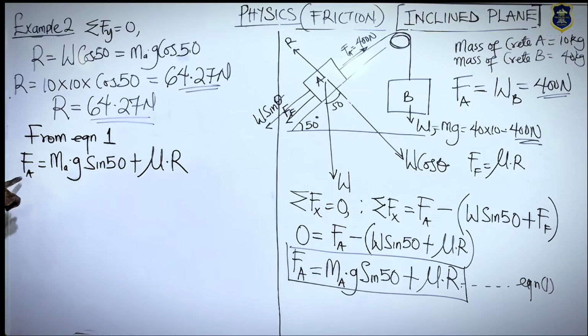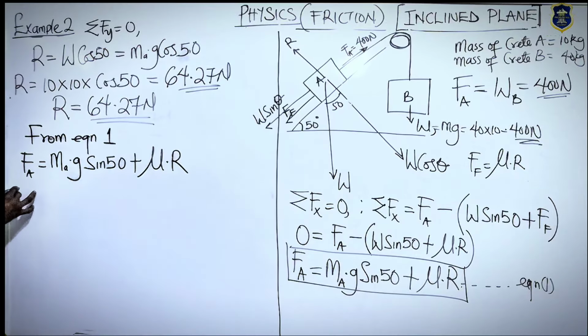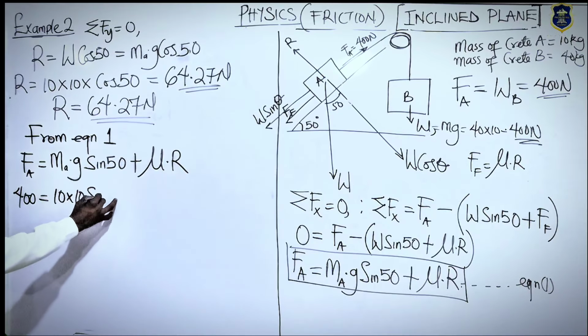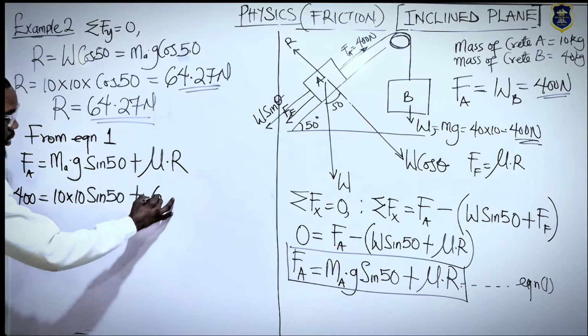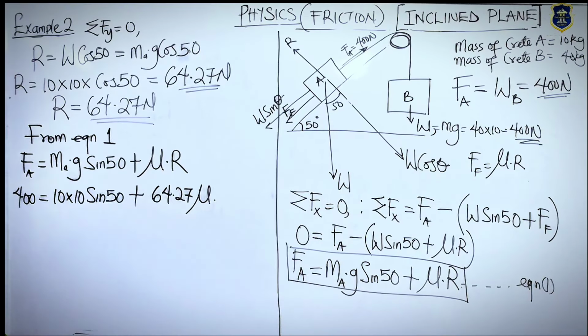F of A is already given as 400 Newton. So we have 400 is equal to 10 times 10 sine 50 plus, we got the value of R as 64.27, so 64.27 mu. It's very simple now.